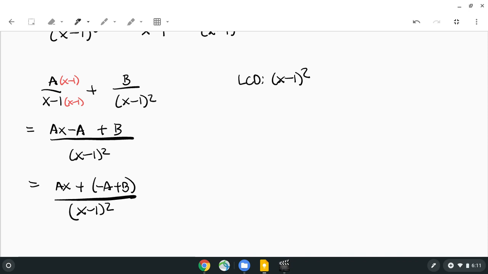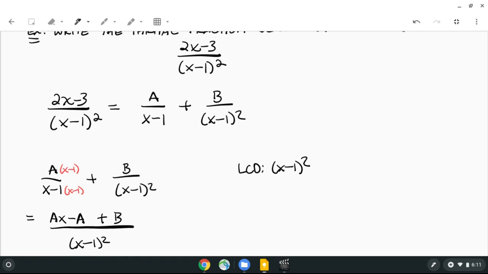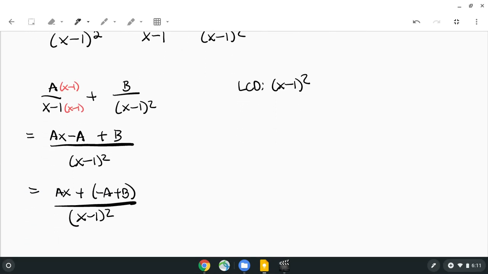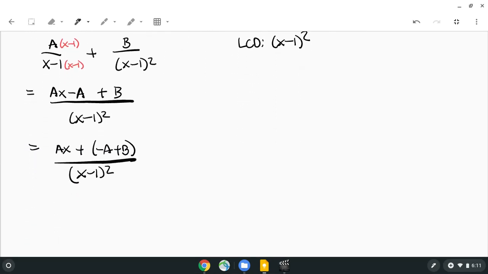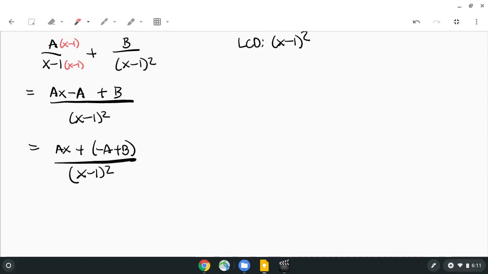The original numerator is 2x minus 3. So over here, this should be 2x, and this should be minus 3. All right, so let's set up our system.